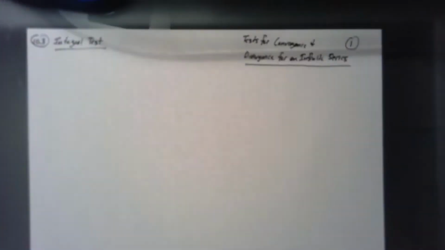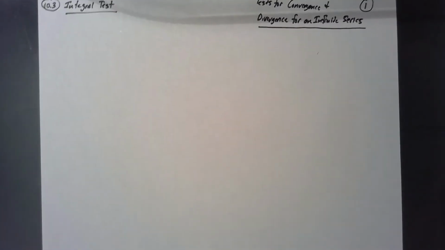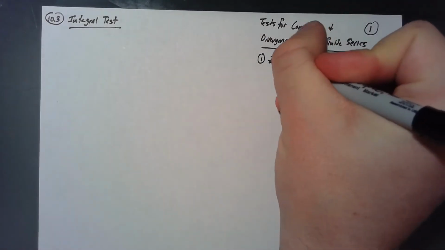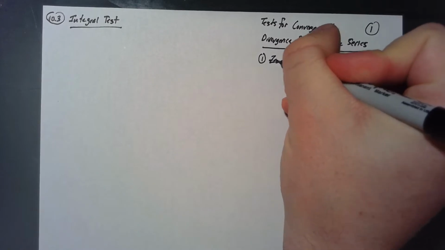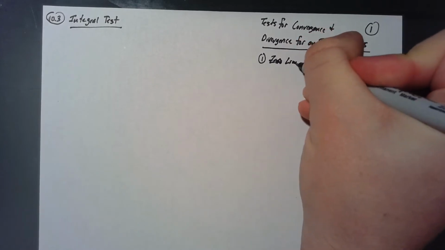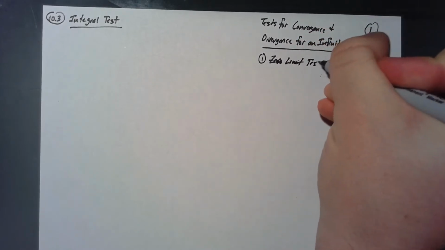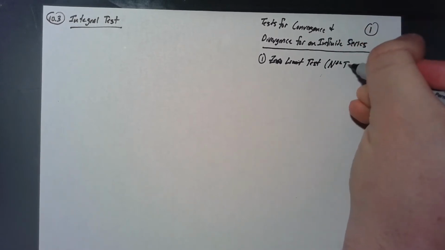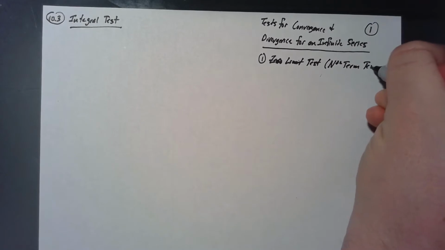So in the previous section, we kind of looked at our first one, right? And our first one was called the zero limit test, or the nth term test.